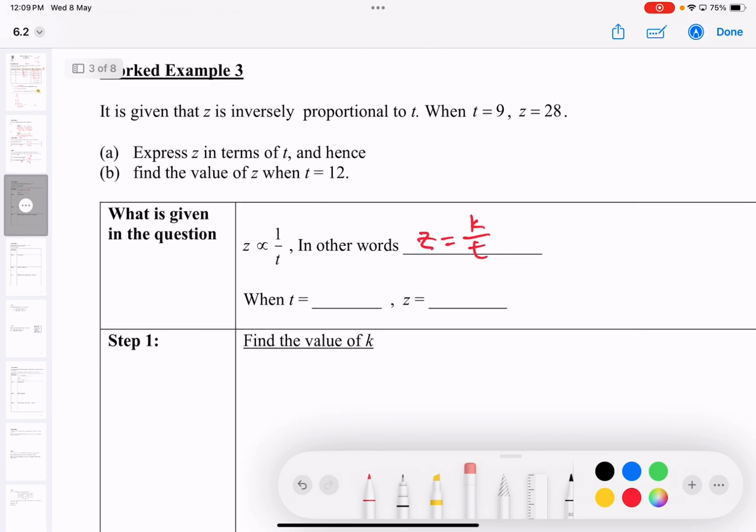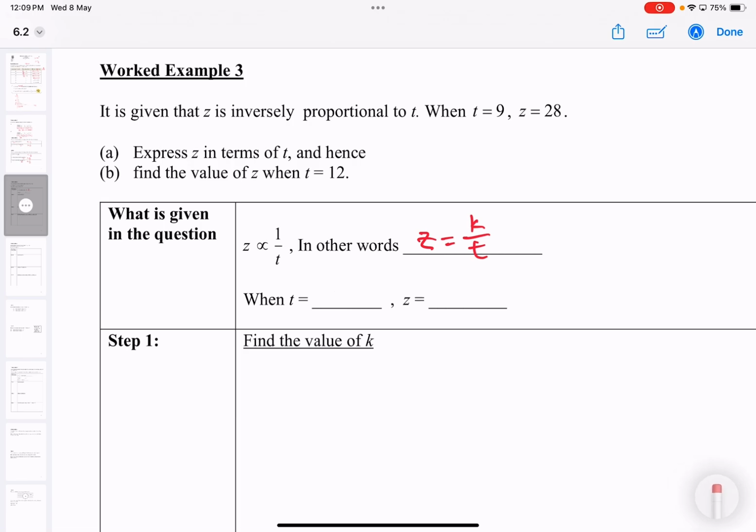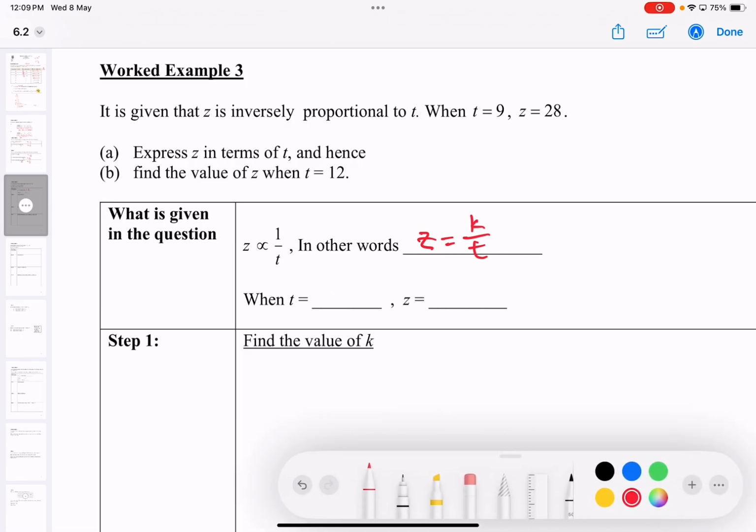Because we know that T is 9, Z is 28. So what do we need to do here? We need to do something called substitution. Riley, can you help us out? If I have the equation Z equals K over T, how do I do this question over here?